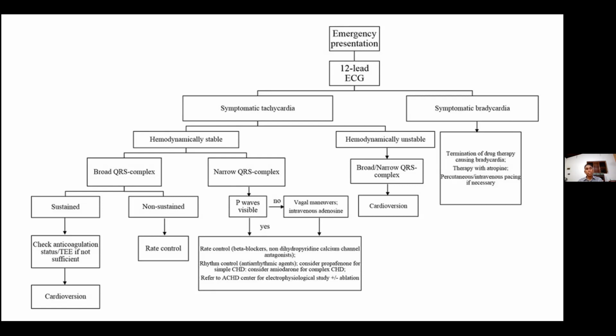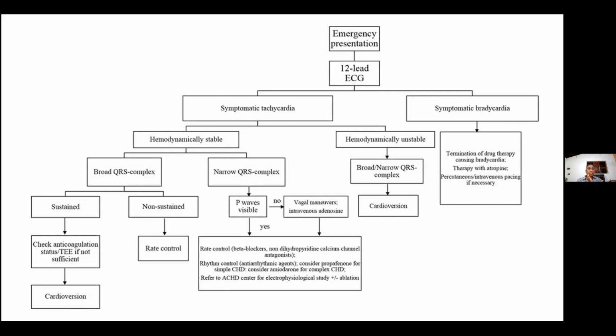Sometimes you see a broad complex tachycardia with some changes. So these are beyond the scope of this lecture, but the general classification is, again, you see broad complex tachycardia, and usually nowadays they don't use the term narrow complex tachycardia. They say broad complex or normal QRS complex tachycardia.